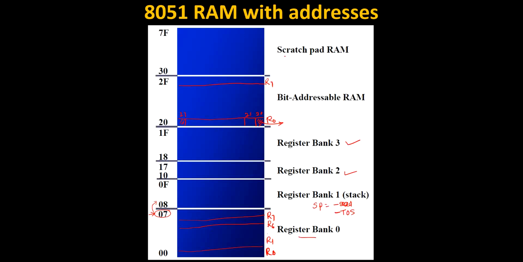And this is the scratch pad area, or also called the general purpose register. Here we can store our data and retrieve data by programming.